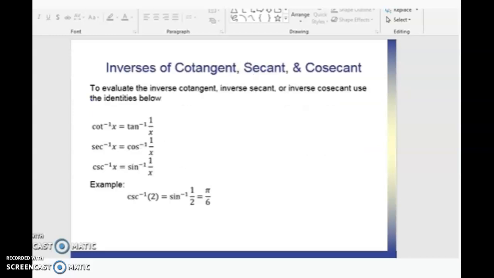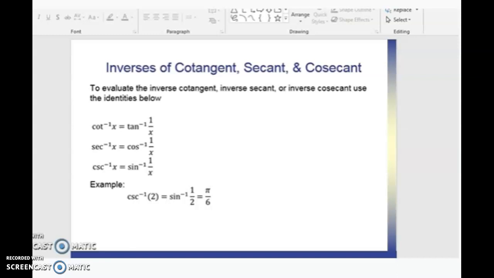Inverses of cotangent, secant, and cosecant. To evaluate the inverse cotangent, inverse secant, or inverse cosecant, use the identities below. The first identity: the inverse cotangent of x equals the inverse tangent of 1 over x.